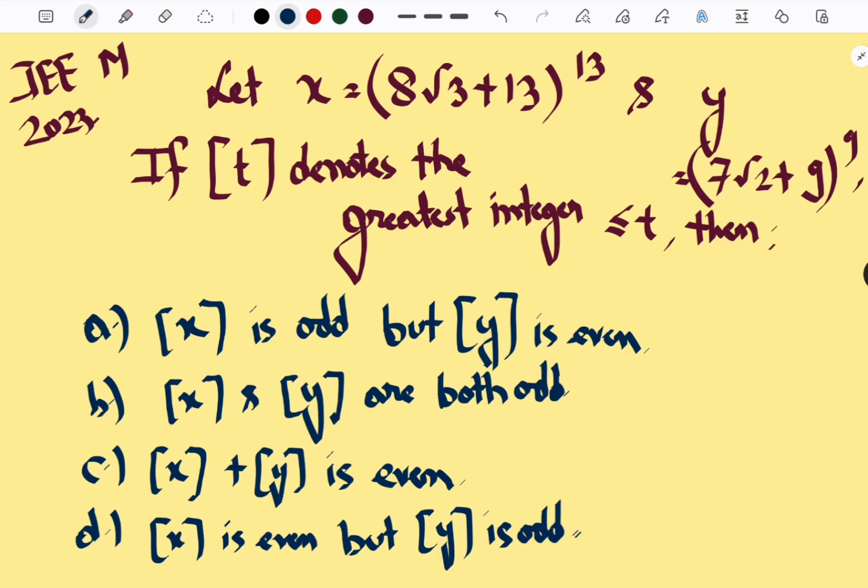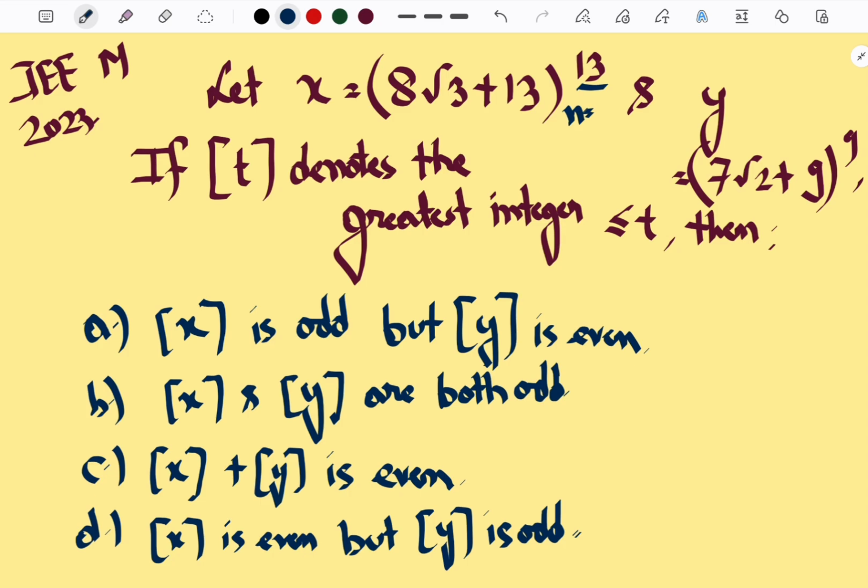How do we proceed in this? Now x = (8√3 + 13)^13, and the power is 13. Obviously this is an odd power, and for an odd power, if you remember, we subtract. Now why do we subtract? To remove surds.